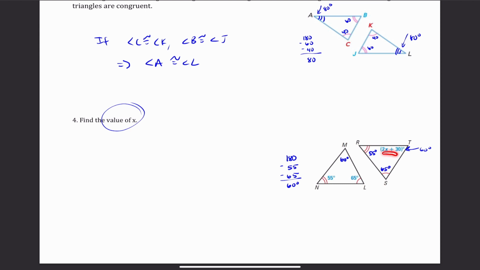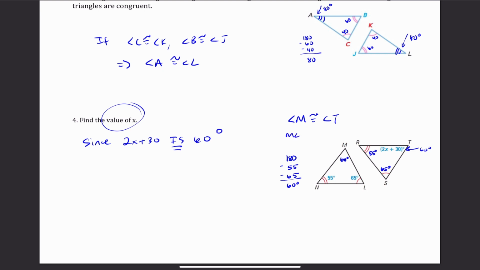Since 2x plus 30 is 60 degrees, then we know for sure that angle M is congruent to angle T, no doubt about that.